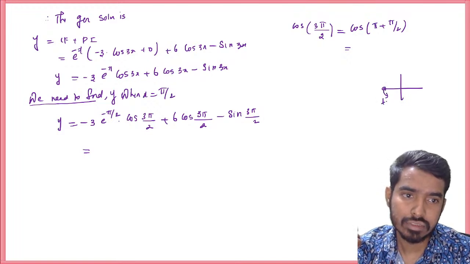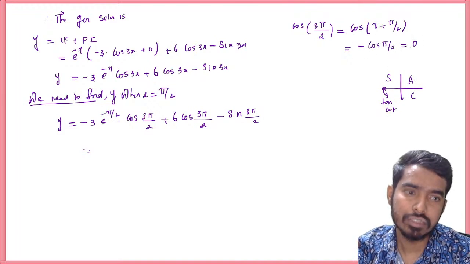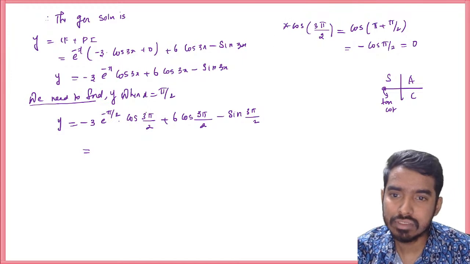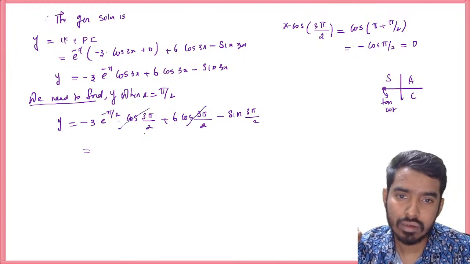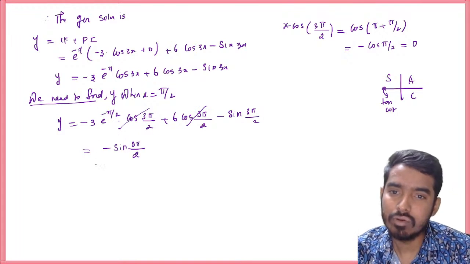All Silver Tea Cups, so here tan and cot are positive, so cos is negative. So minus cos pi by 2, which is 0, because cos pi by 2 is 0. That means the value of cos 3 pi by 2 is 0. So the entire term will be 0 now, and again this entire term will be 0 now. So we will only have minus sine 3 pi by 2.